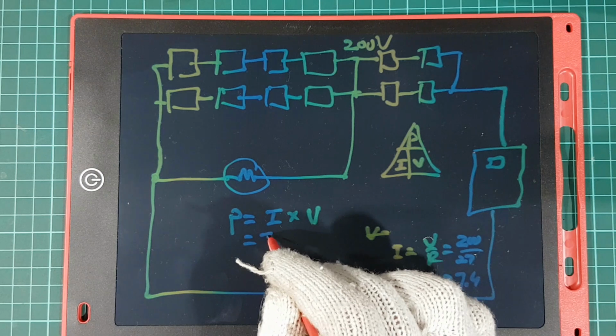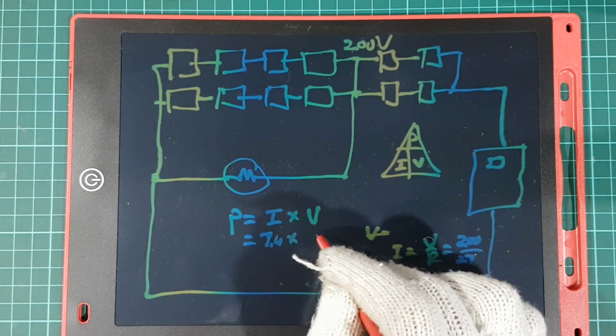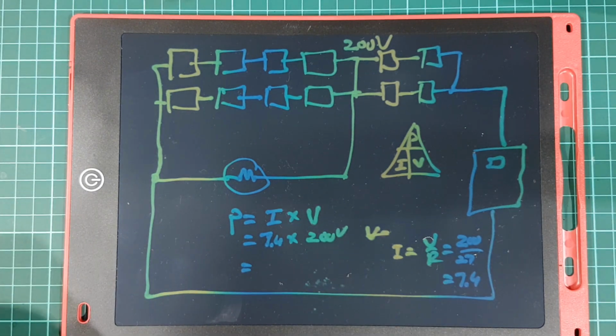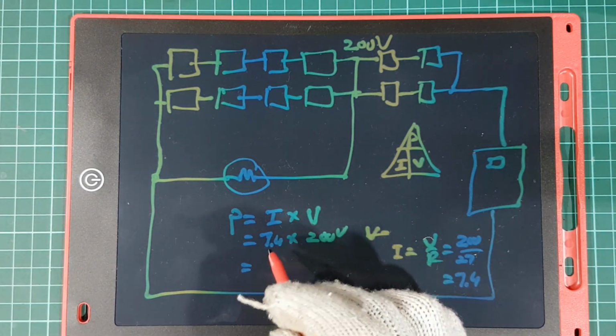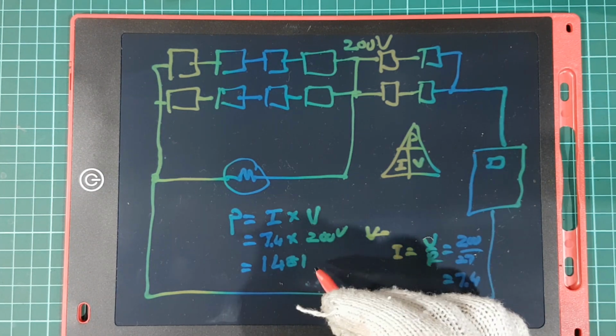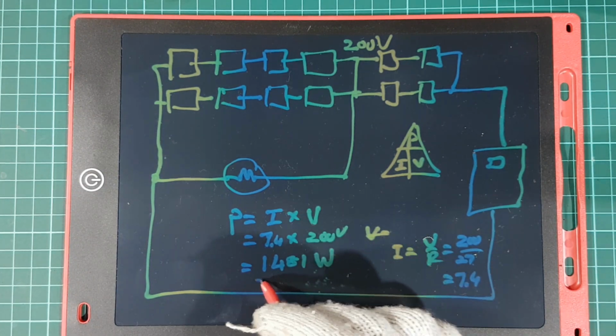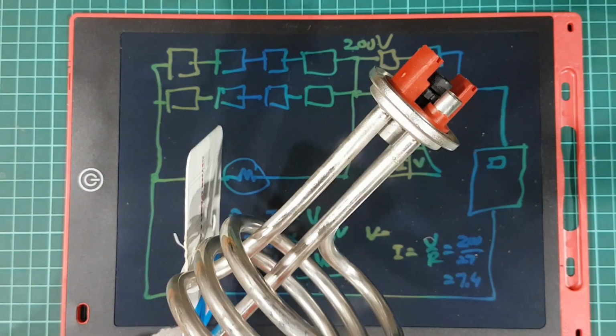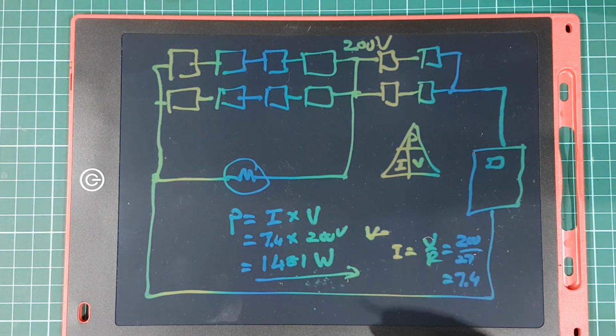So we've got 7.4 amps multiplied by 200 volts, which will give us 1481 watts. This element is rated at 2000 watts, so we're running it at about 75% capacity.